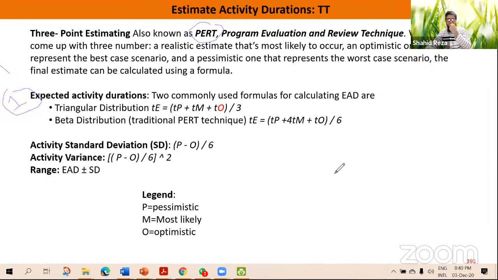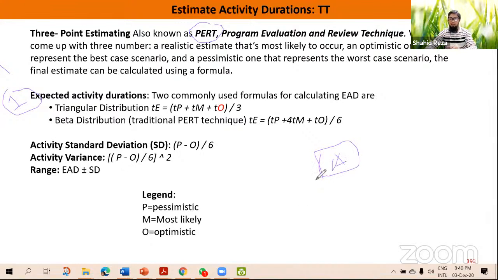To deal with risk, for one activity, say activity A, we don't estimate a single point. Rather, we consider three things for activity A. What are those three things?